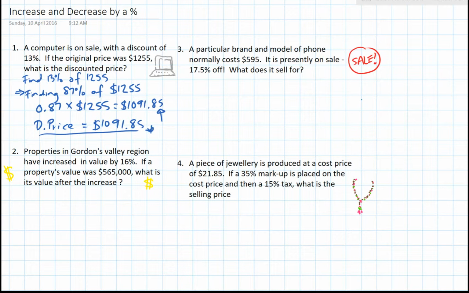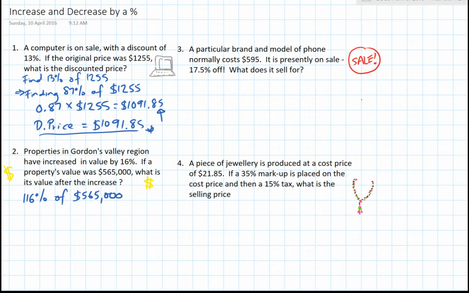Okay, number 2 here says properties in Gordons Valley region have increased in value by 16%. If a property's value was $565,000, what is its value after the increase? So the property is increasing by 16%, so that means that we're actually finding 116% of that original value.